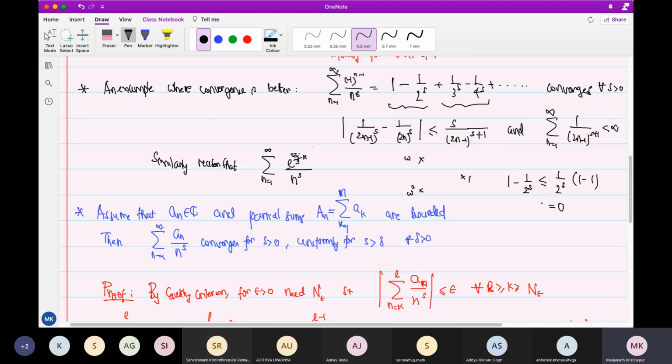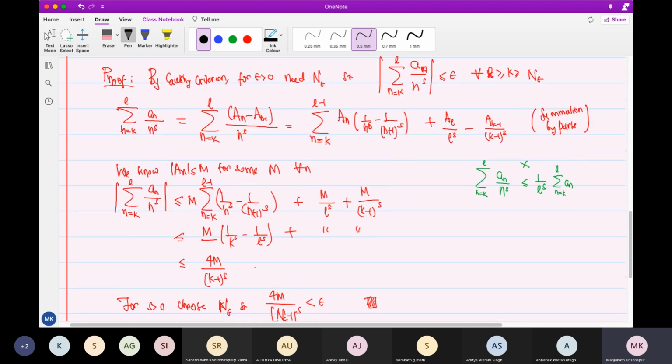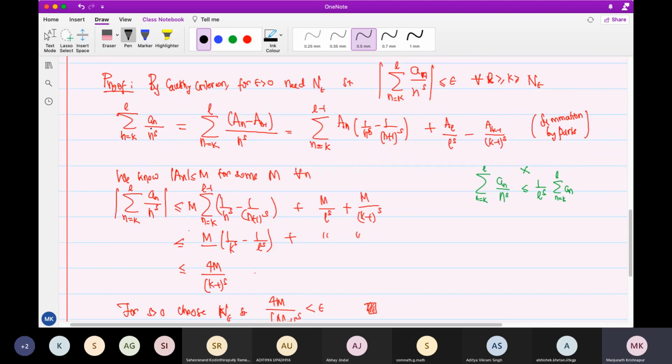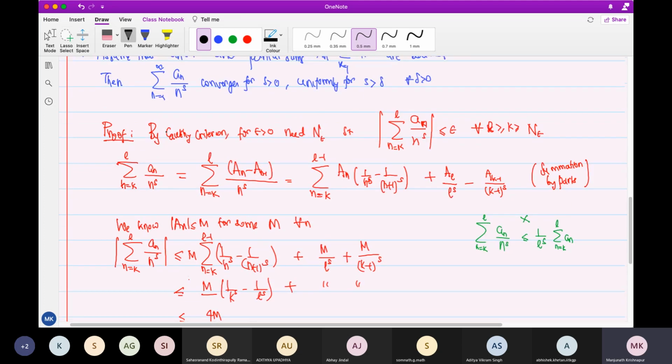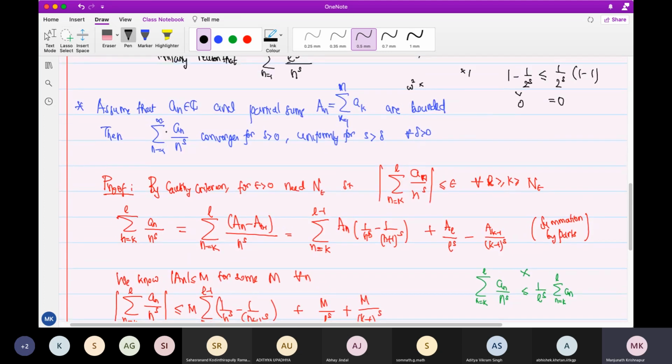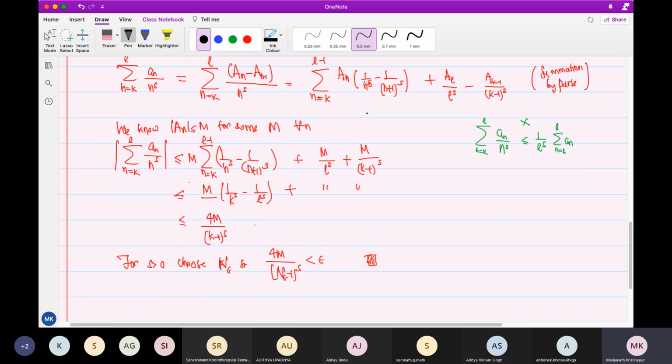This is 0. This is not 0. This is positive. When you have positive, you can pull it out, then you have to put absolute value on the remaining things. But if I put absolute value on a n, then I have no assumptions. In fact, that will not be good for me. What you are saying will work if I assume summation mod a k will be bounded, but that is not what I want to assume.